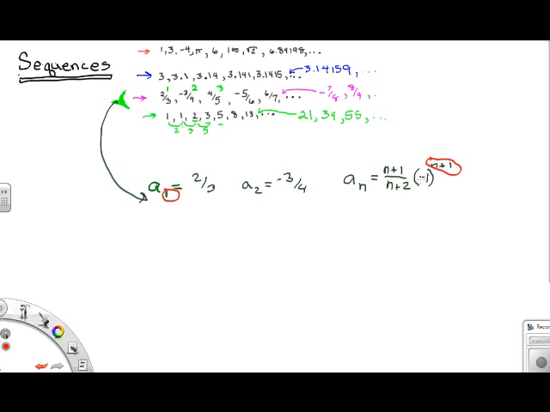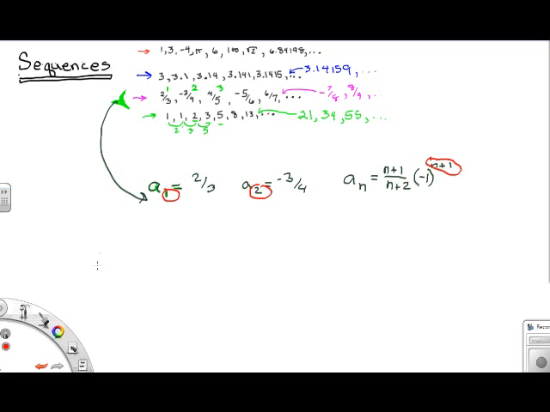That's even. That's going to be positive. Negative 1 to the 2 is positive, and then when I have n equals 2, this is going to be 2 plus 1, which is 3, which is odd, and you'll find that you'll alternate between even and odd, and therefore you're going to alternate between positive and negative.